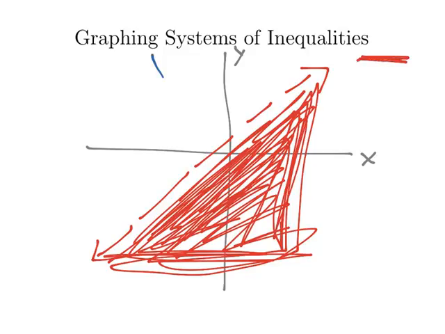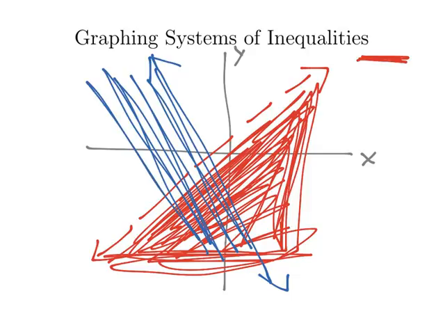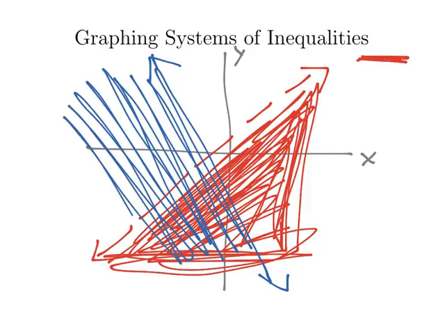I could also have a blue inequality. This one, let's just say it's a solid line, and it's also shaded below. So, that's blue. A system of inequality has two inequalities, but it also has the relation between them. It could be an and, or it could be an or.